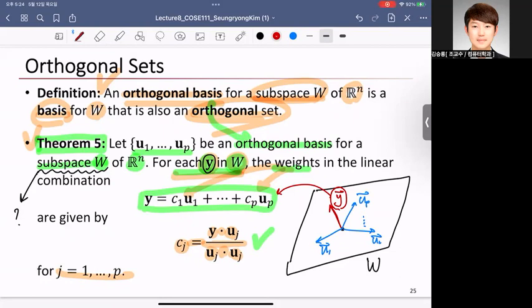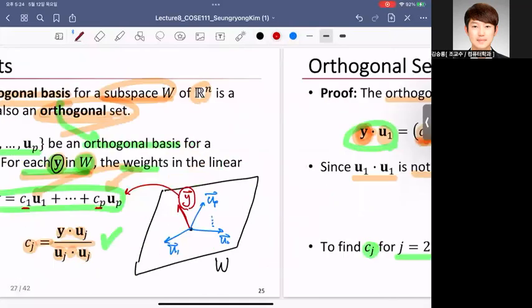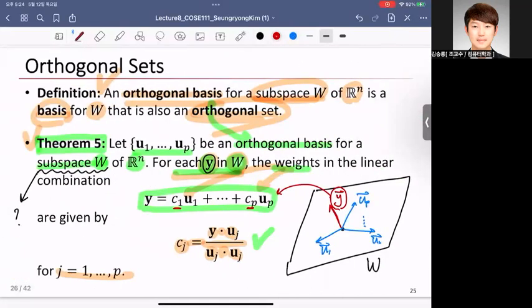The question is what these coefficients should be. From this proof, the coefficient c looks like this, right?